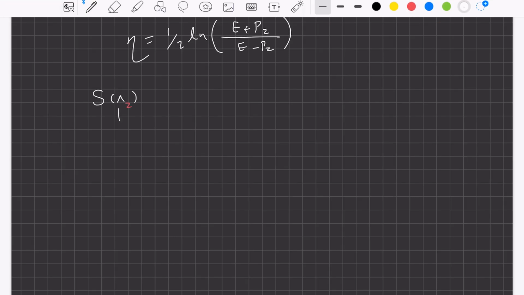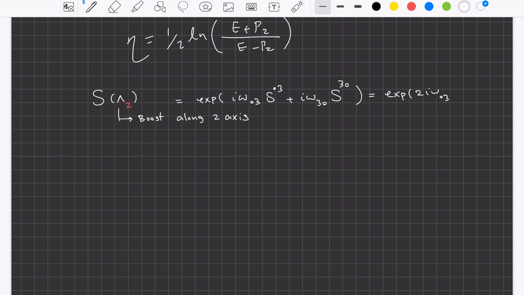So S of lambda z, or boost along z-axis, is equal to the exponential of i omega 3 plus i omega 0, 3, as we discussed before. So sorry to repeat that, but let me again write down this term as minus some variable rapidity times sigma 3.